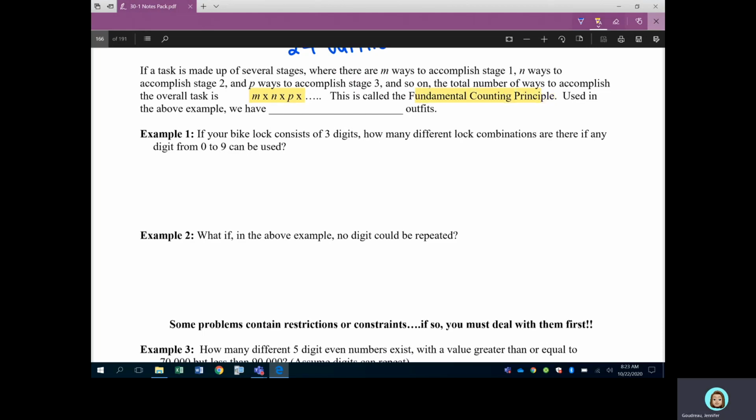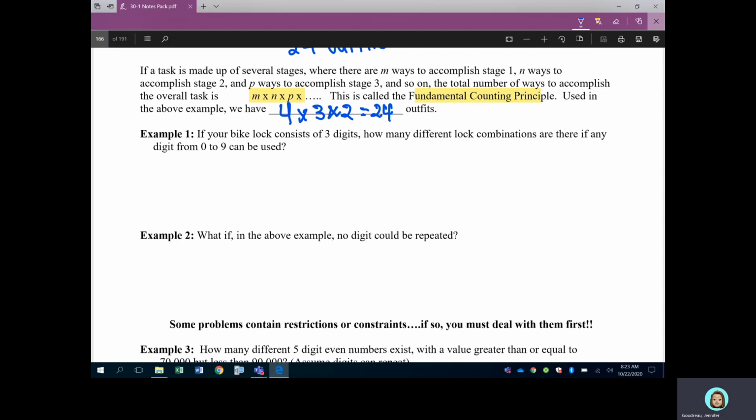So if we took that and used it in the above example, we start with having 4 options for jeans. So I'm going to write 4. We have 3 options for t-shirt. So I'm going to multiply by 3. And we have 2 pairs of shoes. We're going to multiply by 2. 4 times 3 times 2 gives us 24, which is how many we counted on our tree diagram.